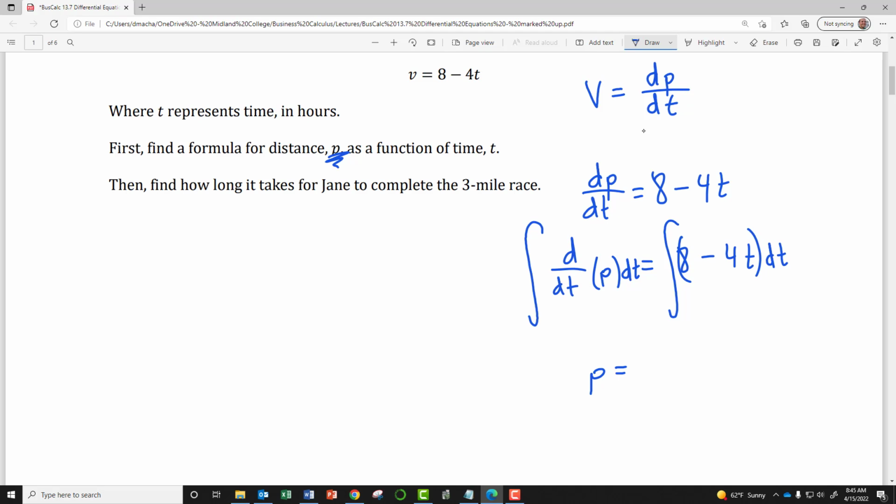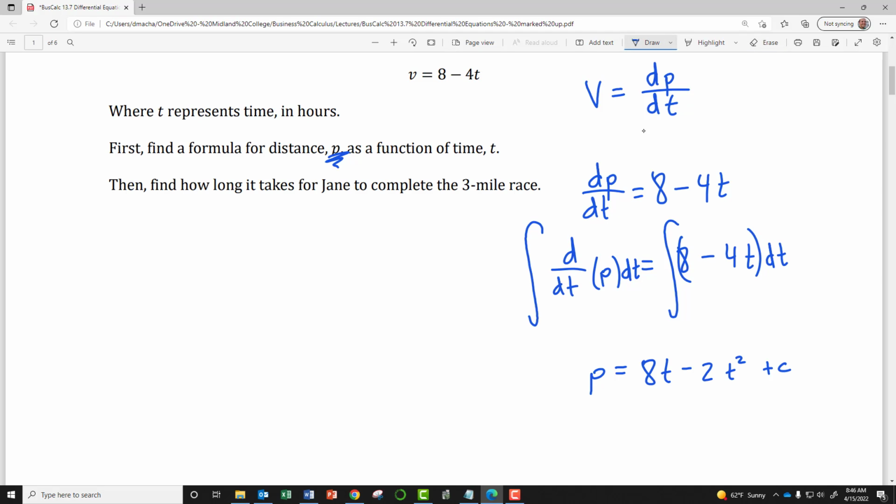And on the right side of the equation, I have the antiderivative of 8 minus 4t. Well, that's going to be 8t minus 4 over 2 t squared plus c. When we're taking antiderivatives, we need that plus c constant. 4 over 2 is just 2.